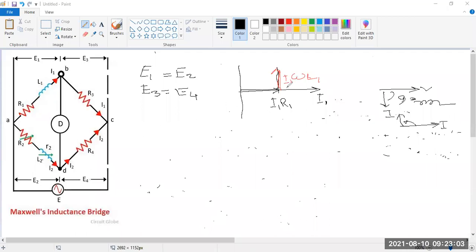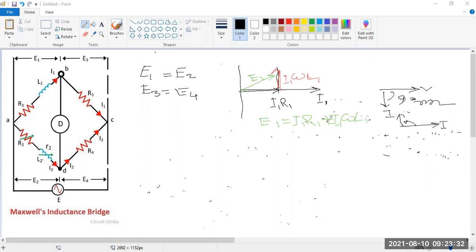Now, what happens for this case? What is the E1? From this phasor diagram we find everything. This is the E1, because E1 is the I1 R1 plus I1 omega L1.